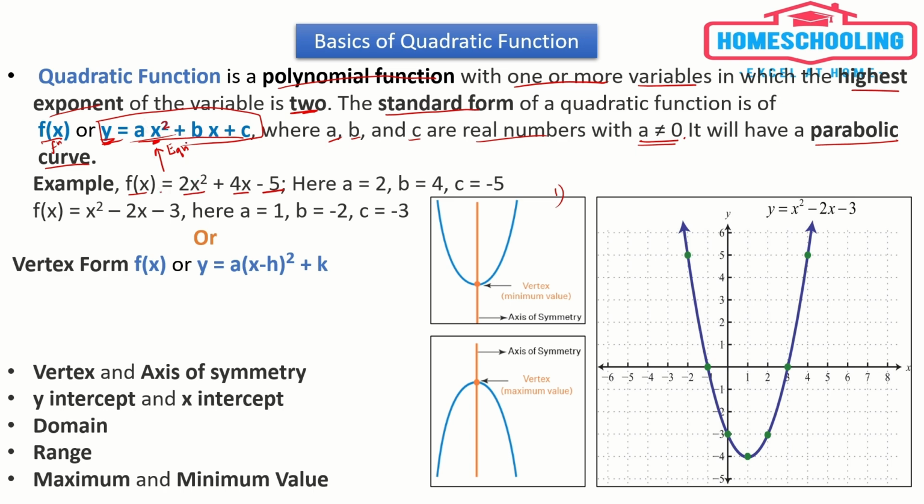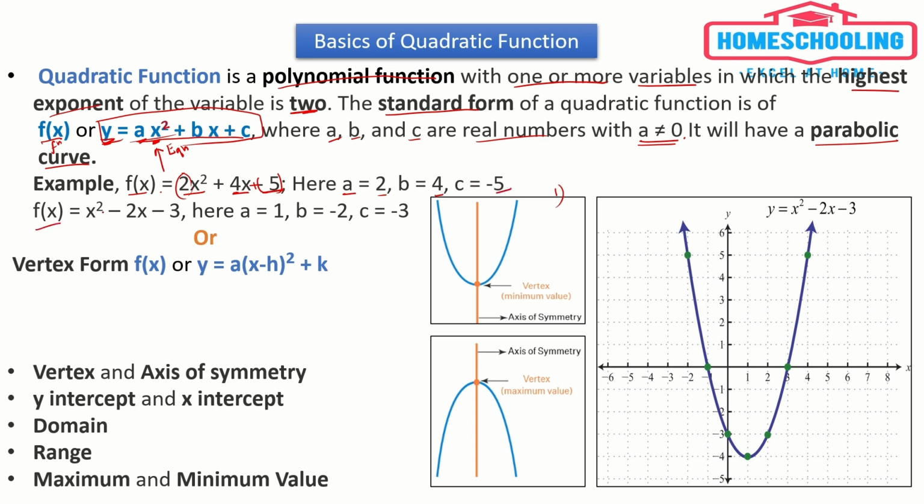When we compare it with the standard form, we can find the value of a. As we can see here, ax², so a would be 2. bx, so b would be 4, and we can also write it as plus negative 5, so plus c, c would be negative 5.